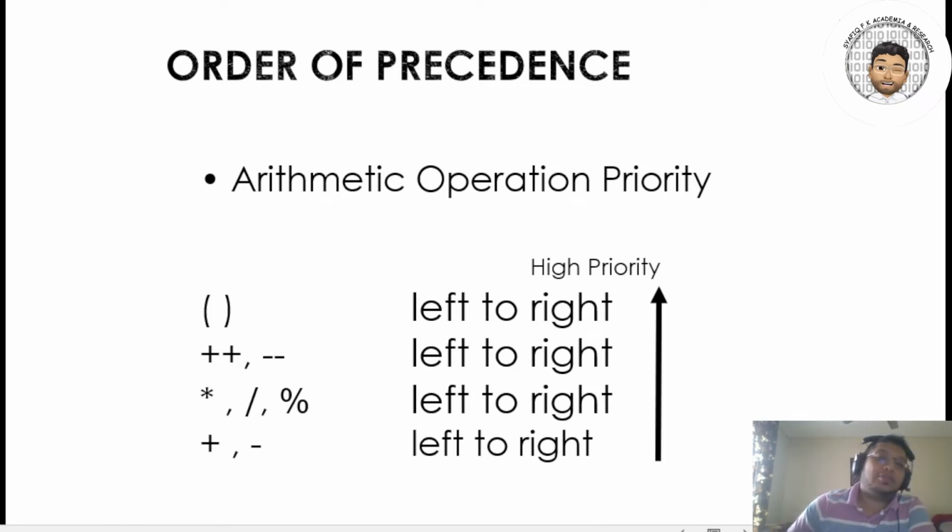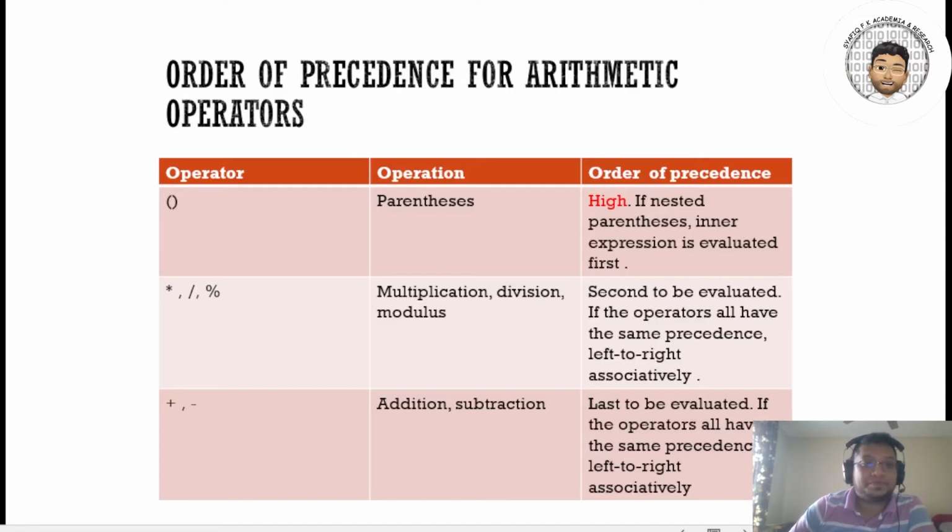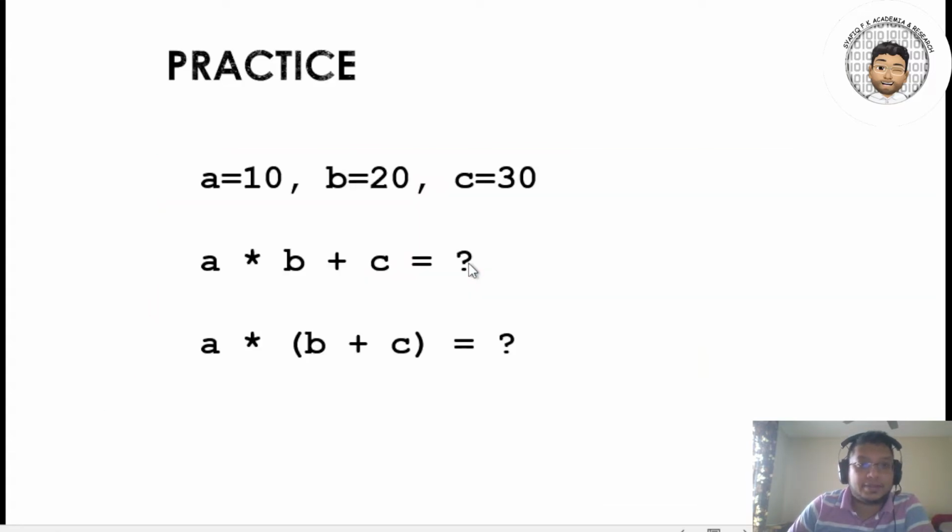So I advise for our course: try to avoid using plus plus or minus minus in your coding, to make sure you will not make mistakes later on. When we talk about parentheses, the bracket is the highest priority. Multiplication, division, and modulus are the second highest, and the third is plus and minus.